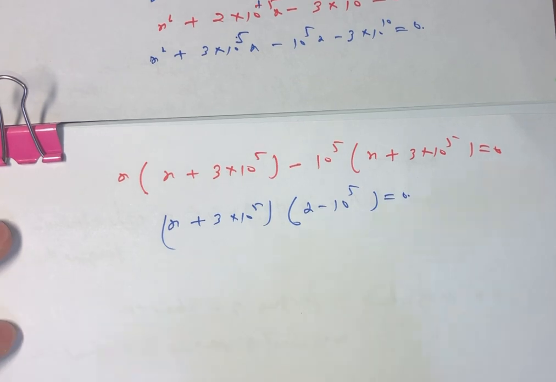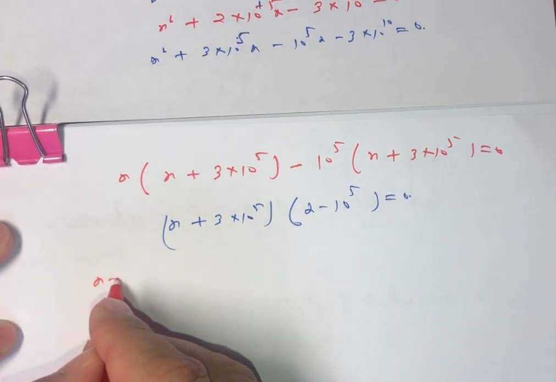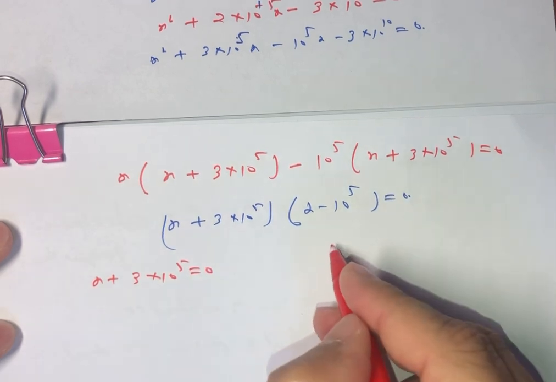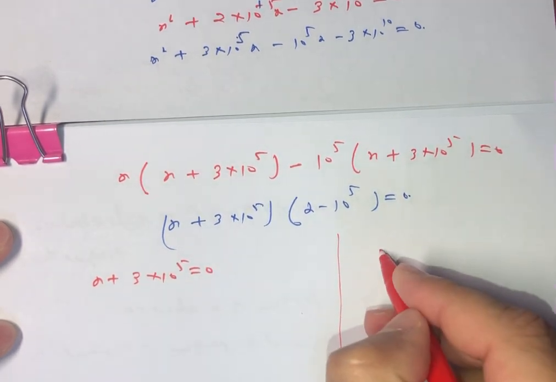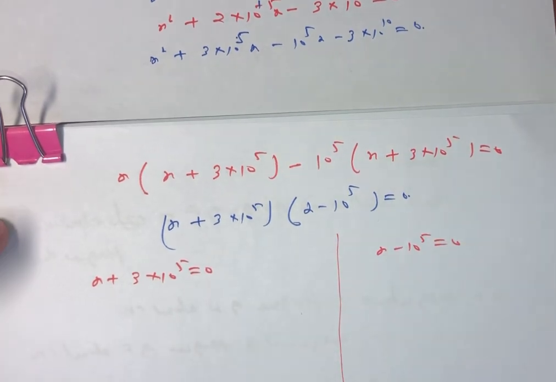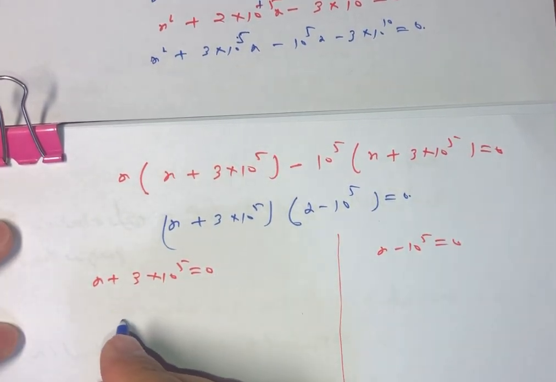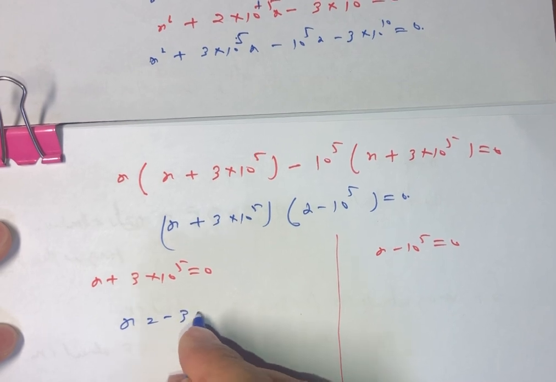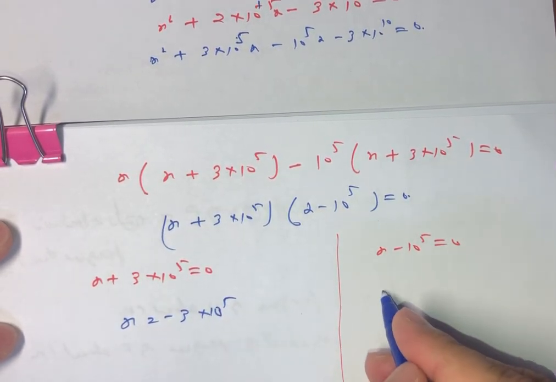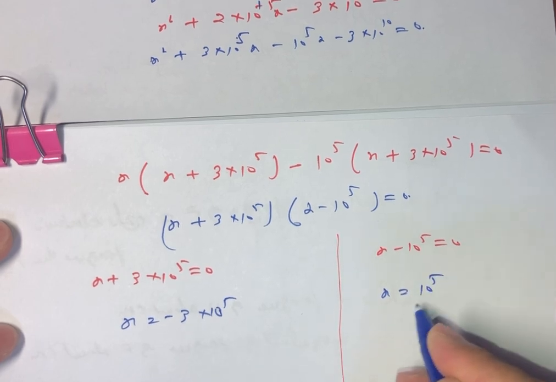So either x plus 3 into 10 to the power 5 is equal to 0, or x minus 10 to the power 5 is equal to 0. From the first, we get x equal to minus 3 into 10 to the power 5. In the second, we get x equal to 10 to the power 5.